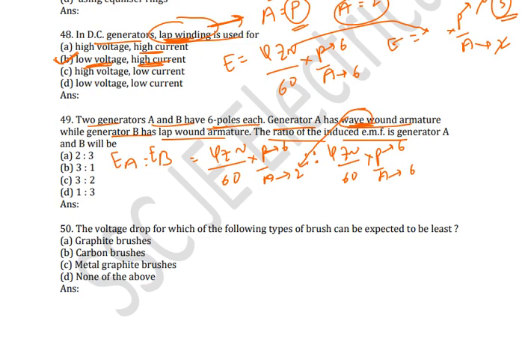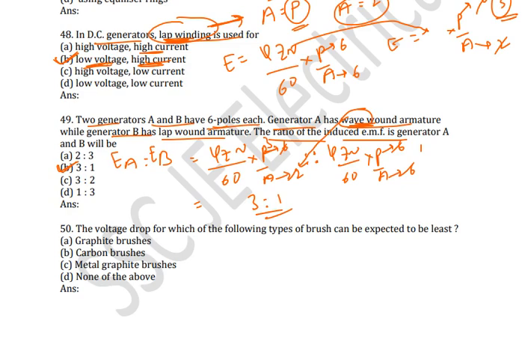So for wave winding, P is 6 and A is 2, giving 3 into the remaining portion. For lap winding, P is 6 and A is 6, giving 1 into the remaining portion. The remaining portion cancels and the ratio is 3:1. So the correct answer is 3:1.